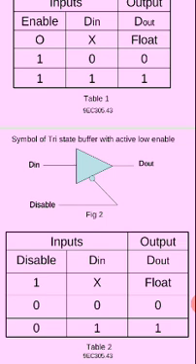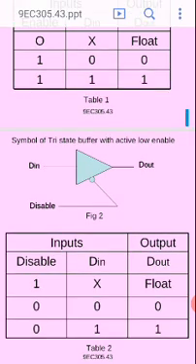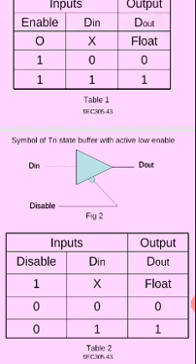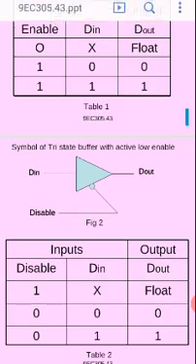Inputs here are disable and D in, output is D out. When disable input is 1, whatever may be the input D in, output will be float.